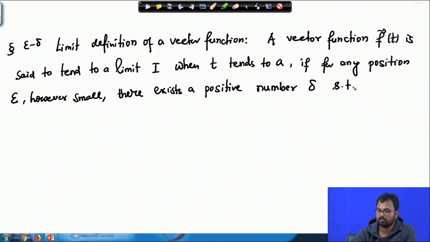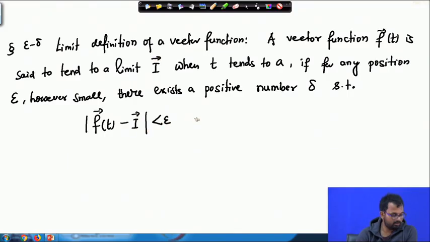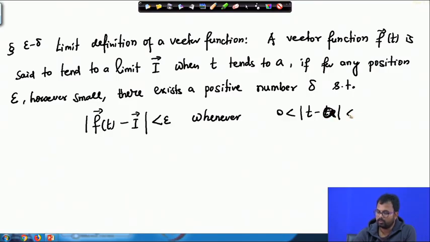such that the norm of f(t) minus l, so l is also a vector, is less than epsilon whenever 0 is less than |t minus a| less than delta.